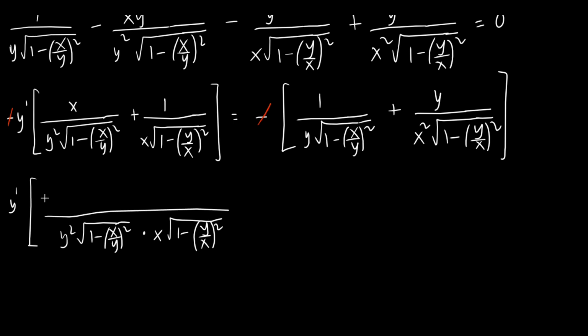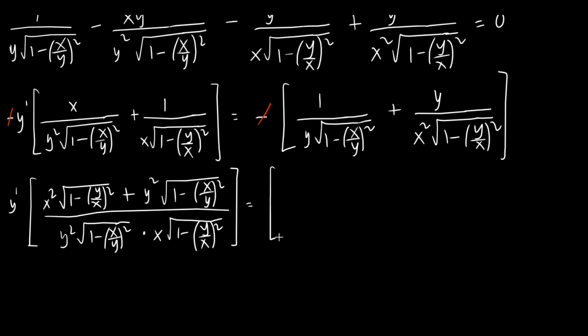So we copy x squared multiplied by the square root of 1 minus (y over x) squared, plus, just copy the first term, y squared multiplied by the square root of 1 minus (x over y) squared, is equal to, so just copy.